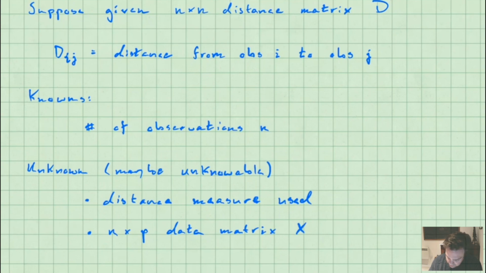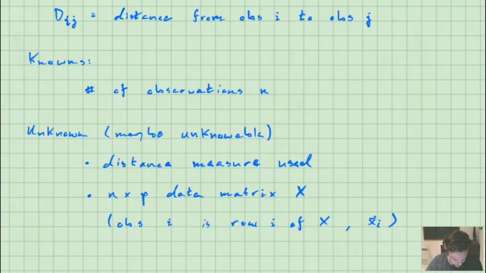We've always called that X. Observation i is row i of X, and we call that the lowercase x_i vector. So you don't know that matrix. You don't know its rows, and more worrisome, or maybe exciting, you don't even know p. You don't even know the number of features or variates or columns.